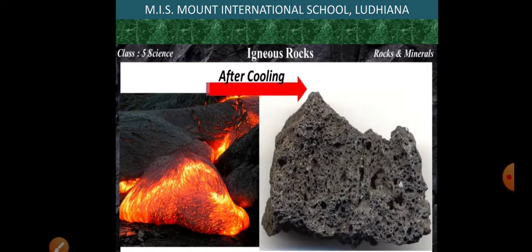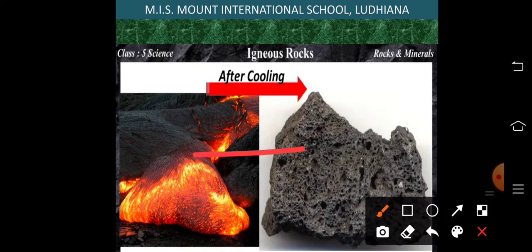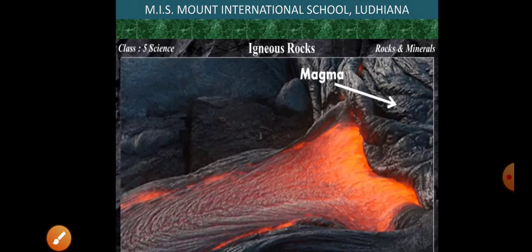Okay students, and when this magma comes on the outer surface, it cools and forms the igneous rocks. Okay, so molten hot magma, when it comes on the earth's surface, it then cools and solidifies to form the igneous rocks. And when inside the earth, it is known as magma.